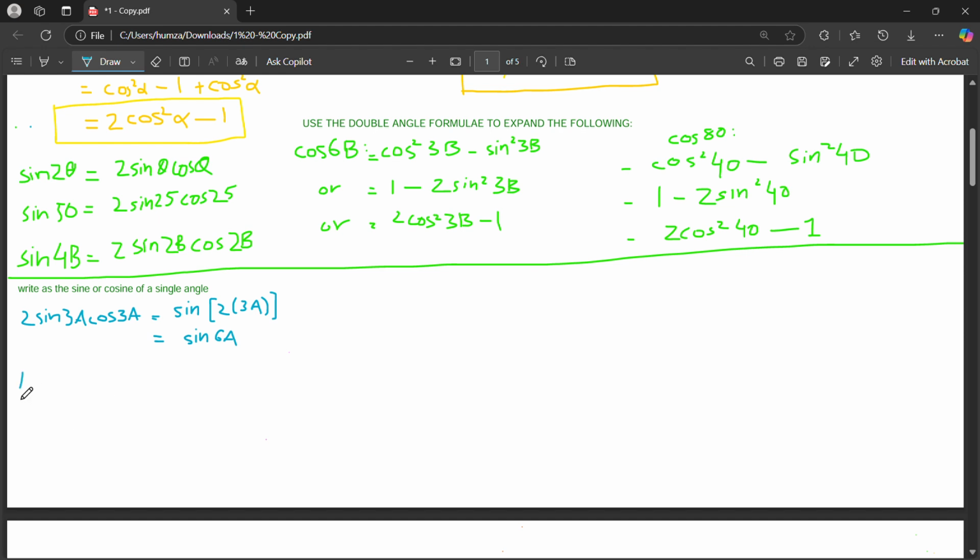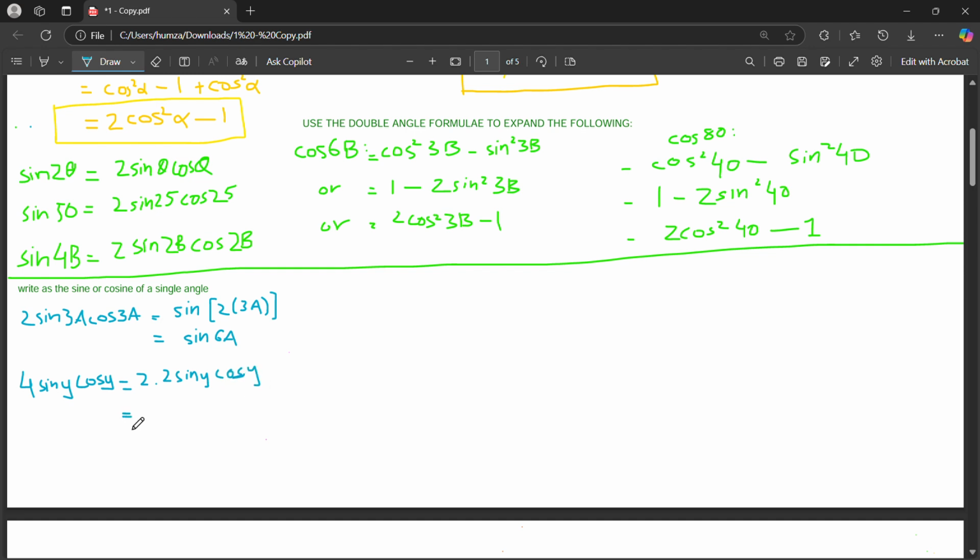Another example can be your 4 sin y cos y, and this can be split into 2, and then we can say 2 times 2 sin y cos y.